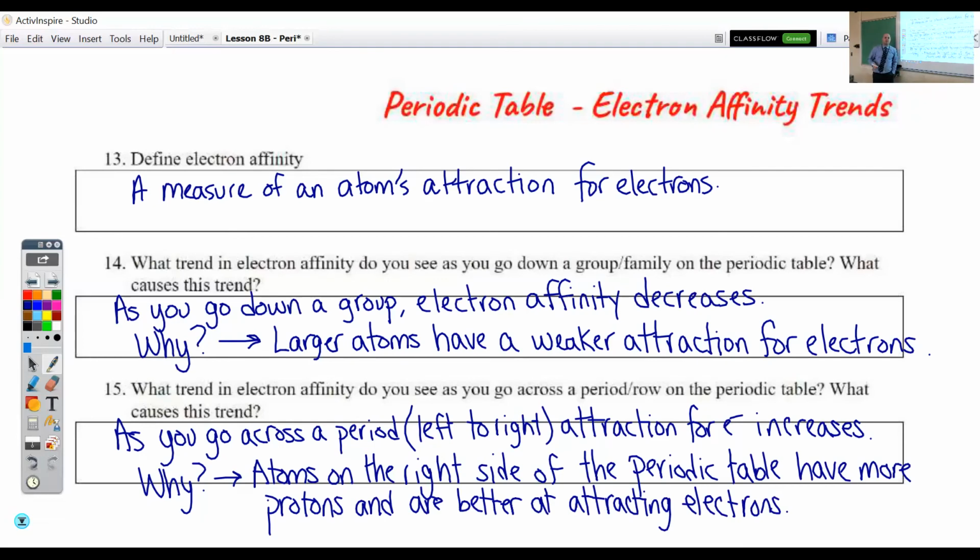So atoms on the right side of the periodic table have more protons and are better at attracting electrons. So a stronger nucleus can attract electrons more.